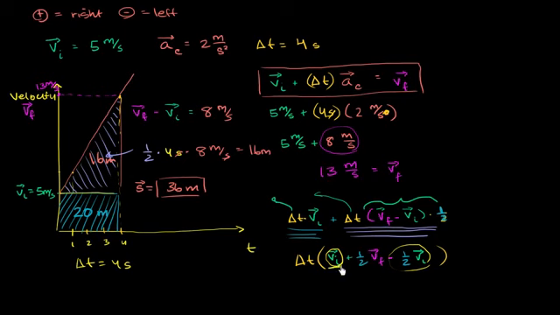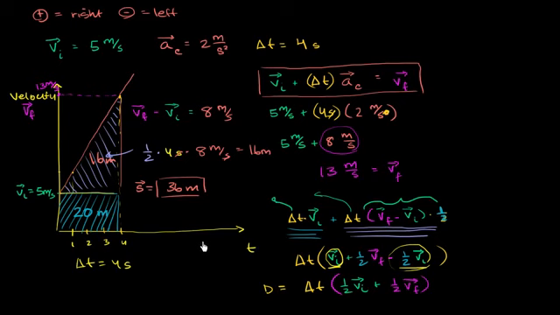So these two terms simplify to 1/2 the initial velocity, plus 1/2 the final velocity. And all of that is being multiplied by our change in time, the time that has gone by. And this tells us the distance that we traveled.